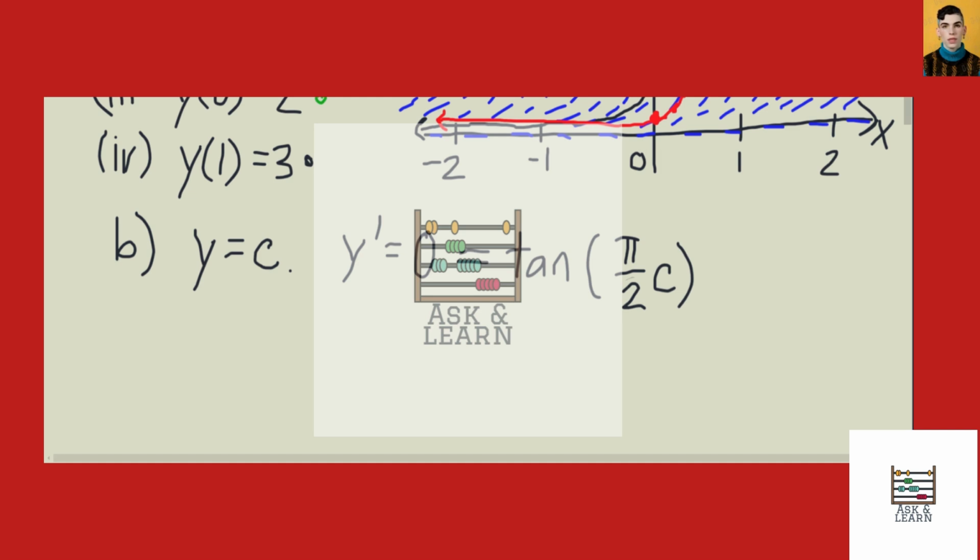We know that tangent is 0 whenever sine is 0, so this is whenever our expression inside, pi over 2 c, is equal to an integer multiple of pi, since sine is 0 for any integer multiple of pi.